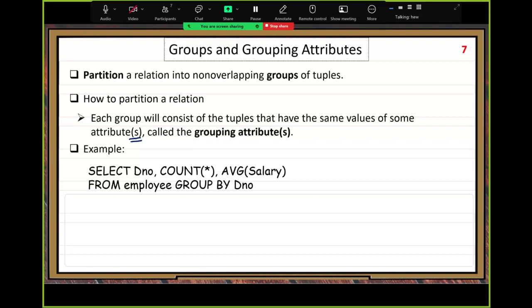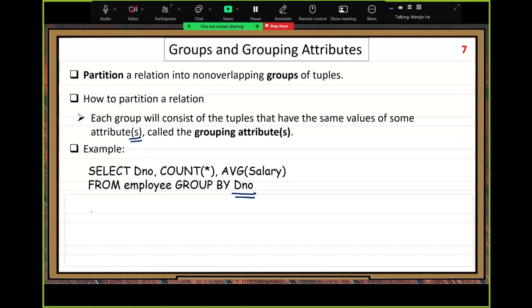After you know how to define the groups, then you apply this count function and another average function. So you define groups: from employee, group by department number.